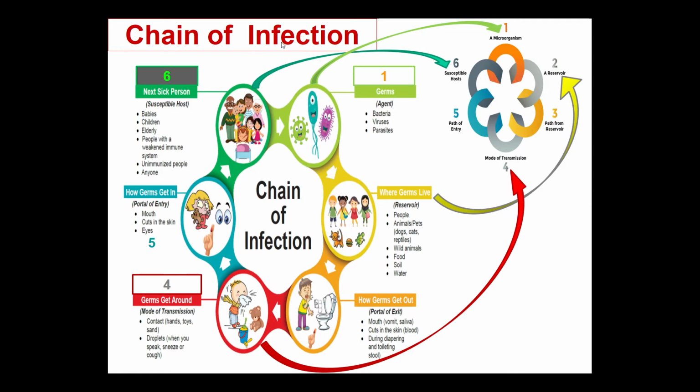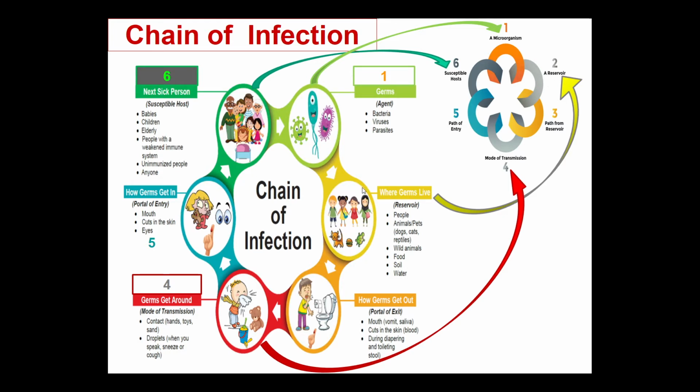An infectious process may be shown as a chain of events. This chain consists of six elements. The first element consists of germs. They are microbes causing the disease, among them bacteria, viruses, parasites. To spread in the population, these microorganisms must infect the so-called reservoir.